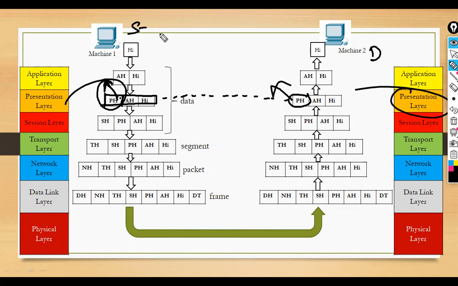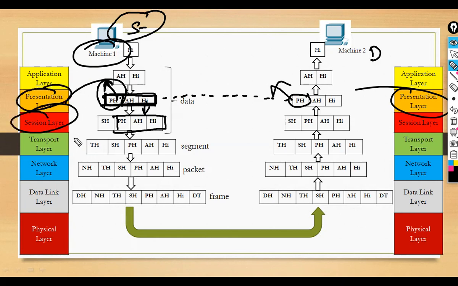Now, in the same machine, machine one, you can see the presentation layer, after adding the header, passes this structure to the session layer. So there is an adjacent layer interaction. After adding the headers, they pass it to the adjacent layer, and that is called adjacent layer interaction. Clear?